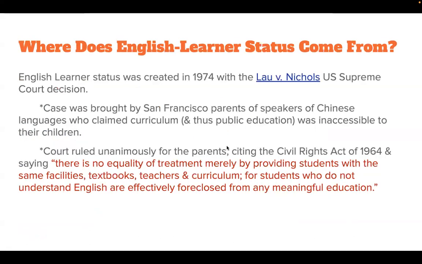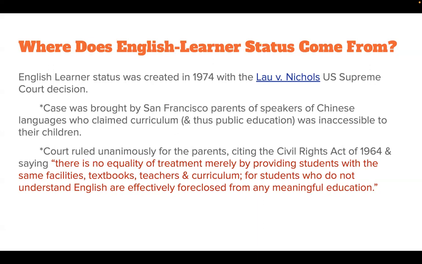Where does English learner status come from? In case people don't know, it's out of a Supreme Court decision from 1974, basically when San Francisco schools integrated in the mid-60s. Some of the kids who had gone to Chinese-speaking schools in Chinatown and the immediate neighborhoods around were forced into English-only schools or English-speaking schools. And the parents of those students said, hey, this is creating a situation where our kids can't understand the classroom.